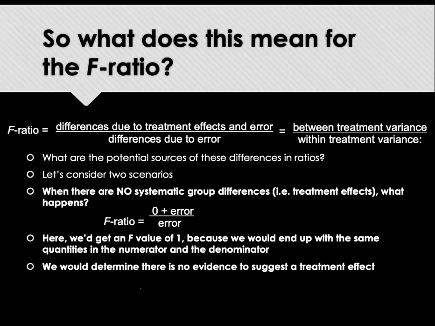And so that's important to remember. When we have an F value that's 1, then clearly there's no treatment effects. And we just have error divided by error. And that's why we're getting an F value of 1. And that means we can fail to reject the null hypothesis, right? The null hypothesis is that there's no treatment effect.